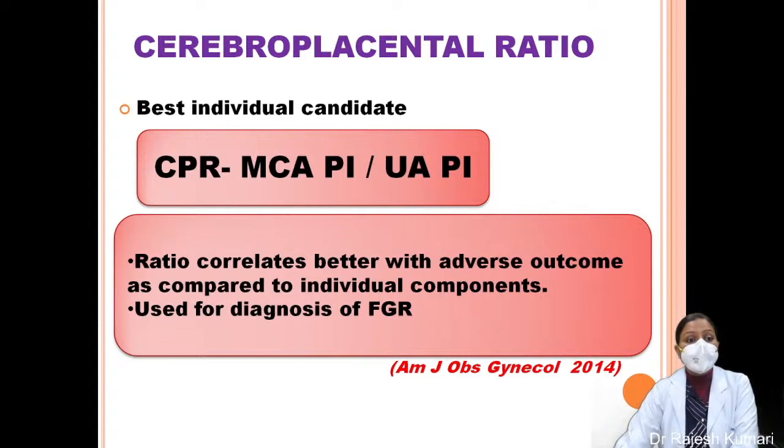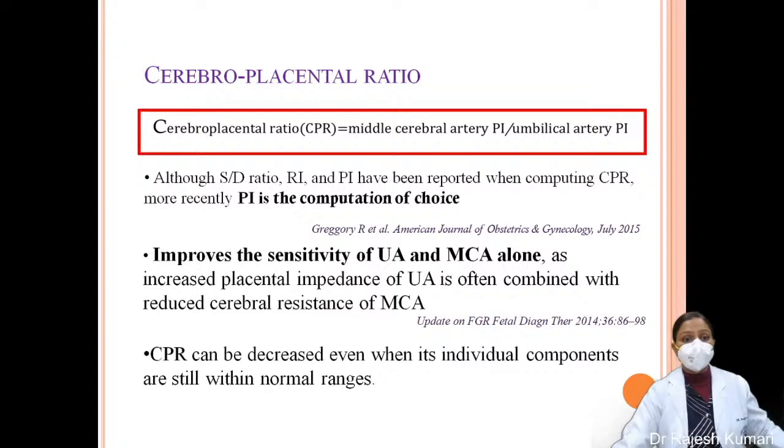Cerebral-placental ratio: CPR is MCA PI divided by umbilical artery PI. This ratio correlates better with adverse outcome as compared to the individual components and is used for diagnosis of FGR.